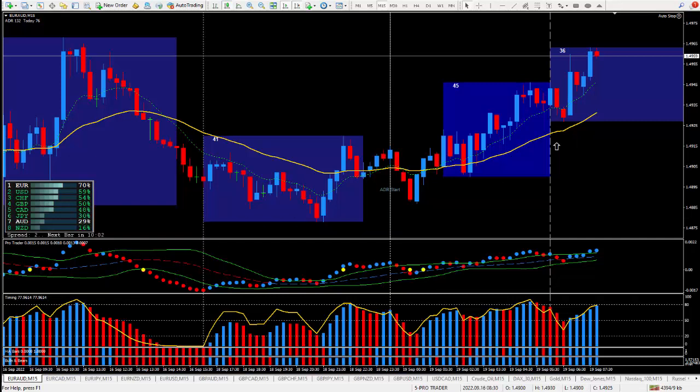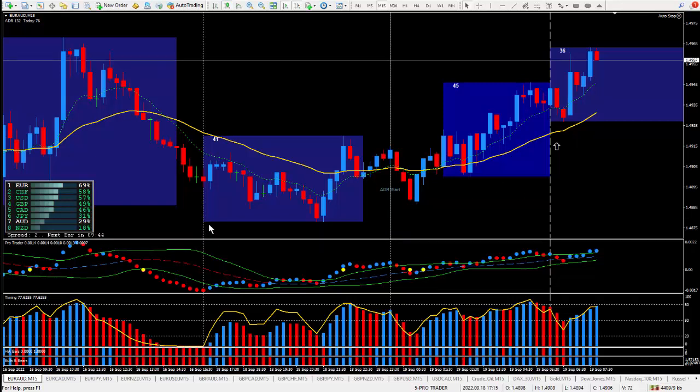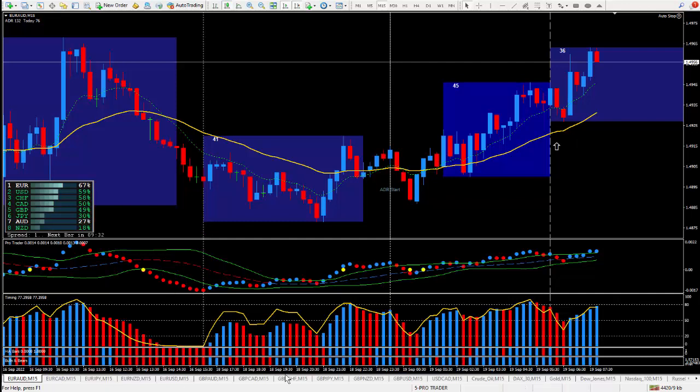So every 15 minutes I hear this sound. I just make a soft beeping sound like this, and that tells me to go and check all 21 instruments and see if it is ready to take a trade.